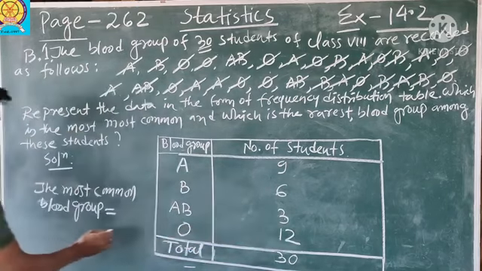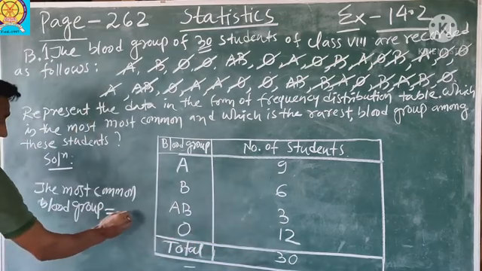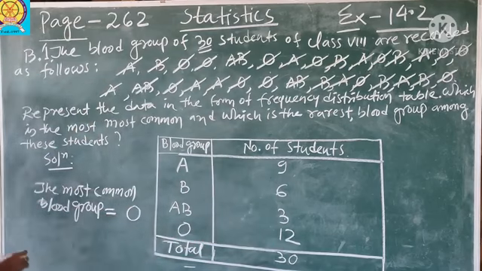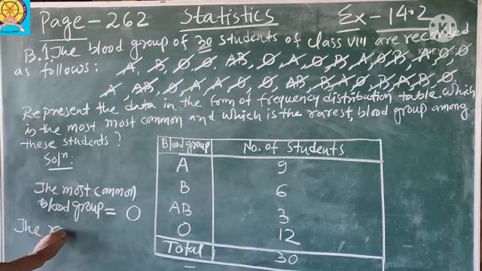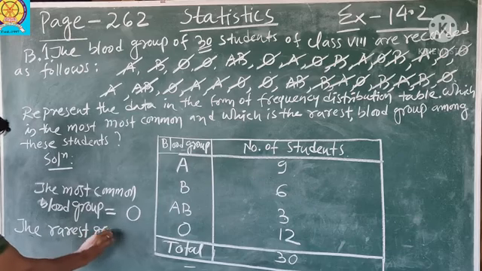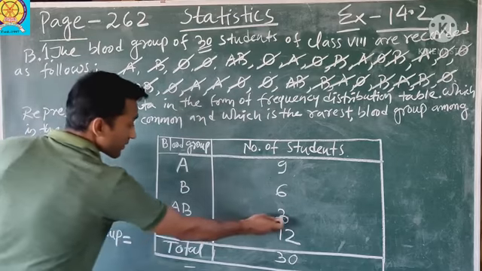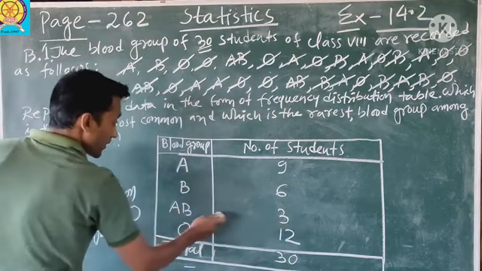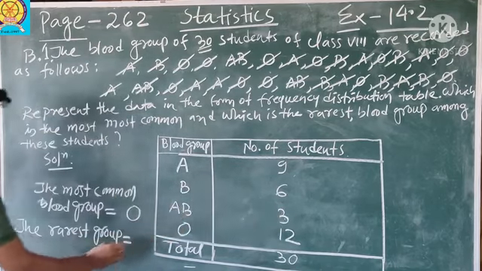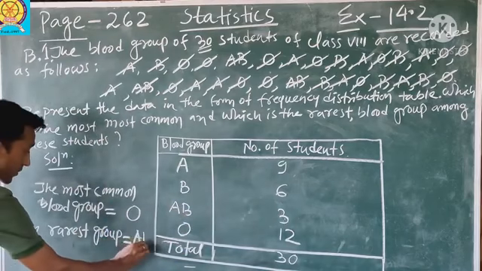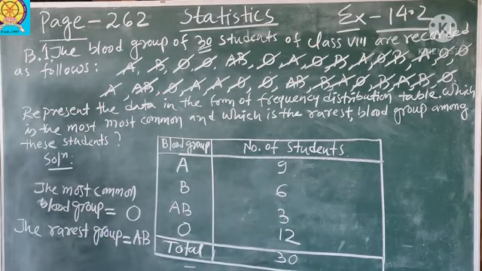Blood group O is highest. That means the most common blood group is O. And the rarest blood group is which one? Least. You see 3 only. 3 students have only which group? AB. So the rarest blood group is AB.